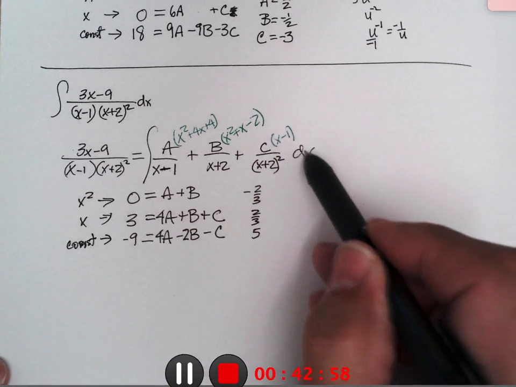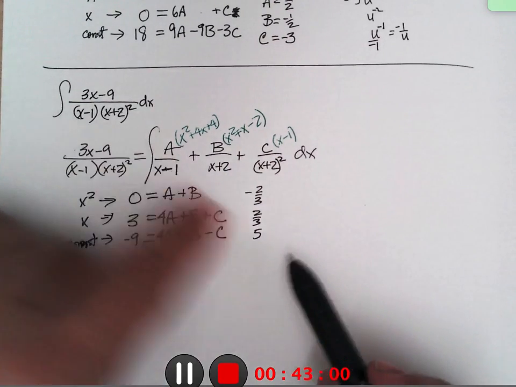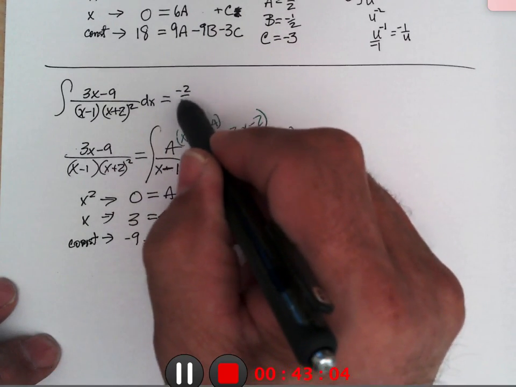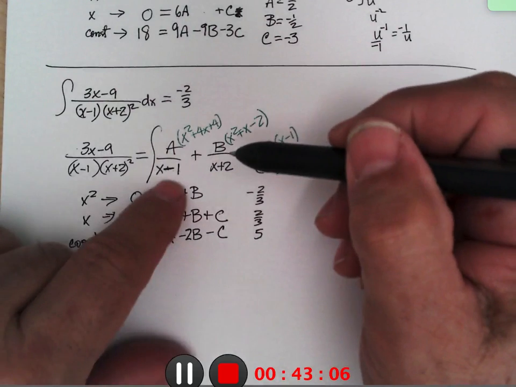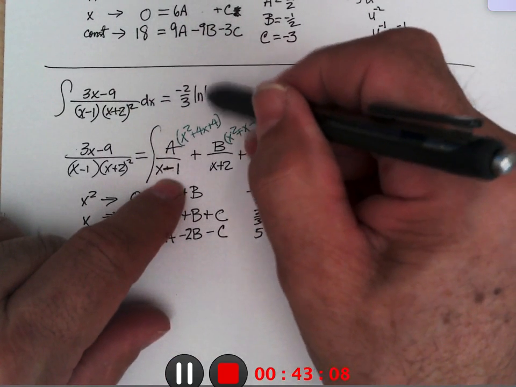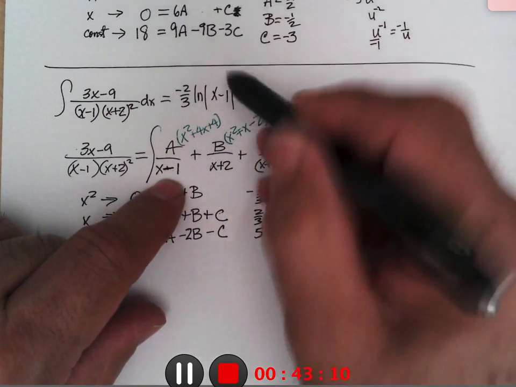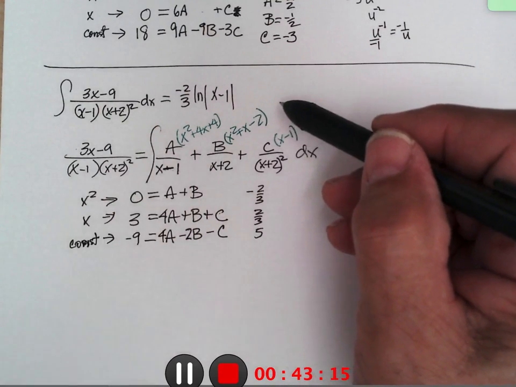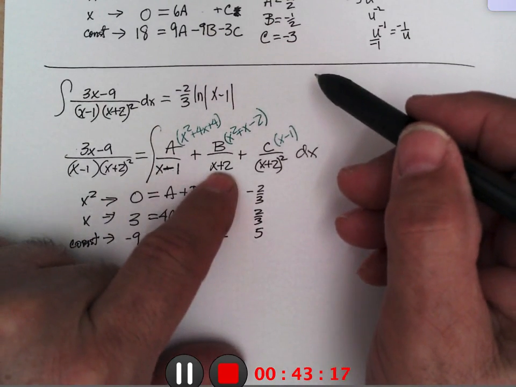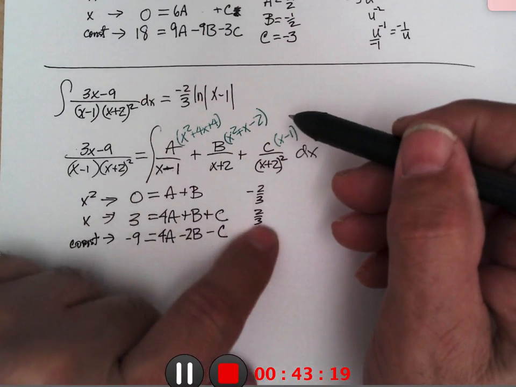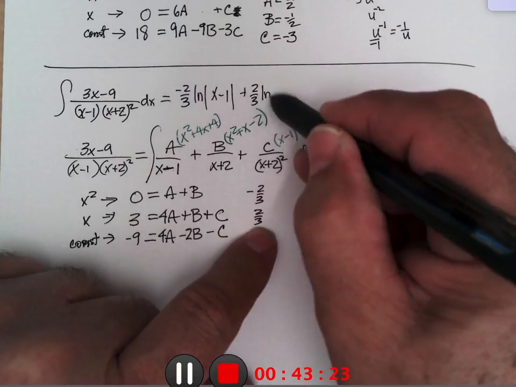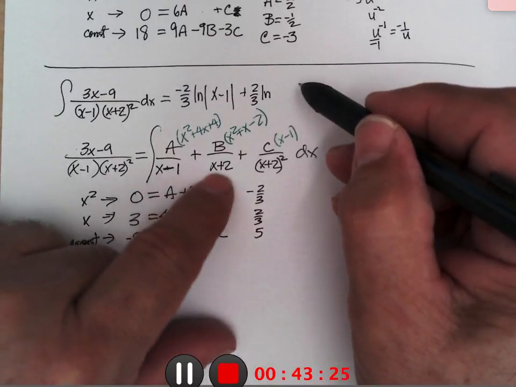The negative 2/3 will pull out, so I'll get negative 2/3, just a linear factor, so it's ln of x minus 1. If there was a 2, I'd get a 2 in the denominator or something, but right now I'm not getting anything because there's no number on the x. And this is going to be plus 2/3 ln of absolute value of x plus 2.